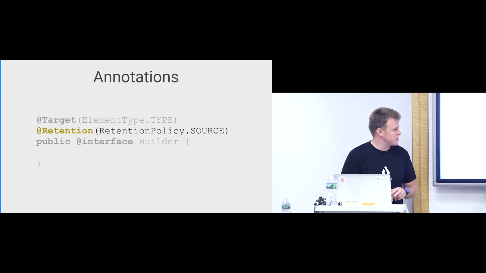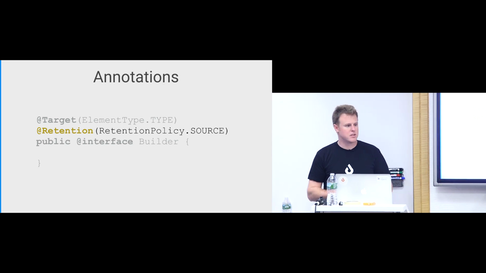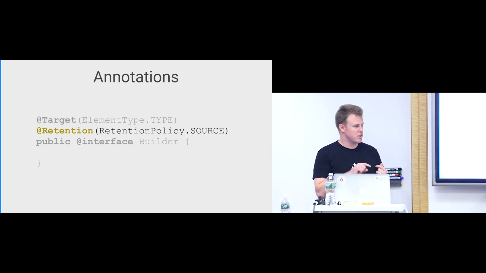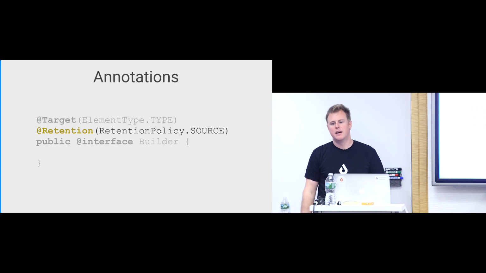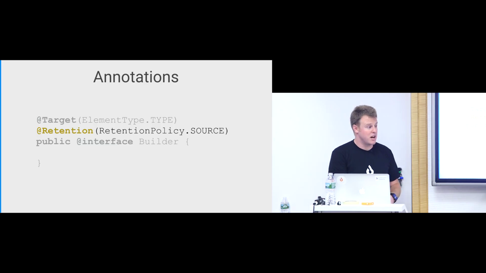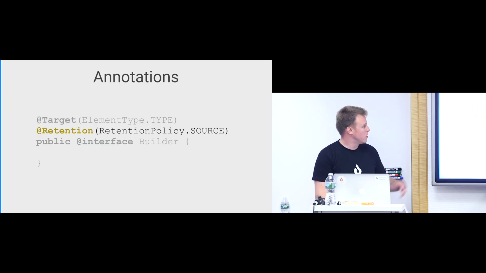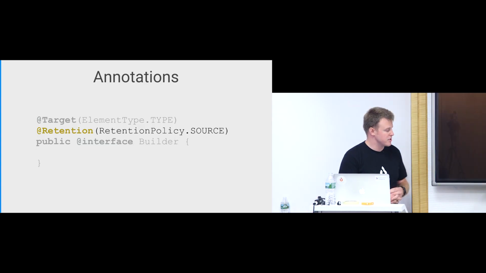With a retention policy of source, that means we need that annotation in our source code, in the Java file that we wrote. Once we get past that, we don't care about it. It's not going to be used at runtime. It's not going to be used in our class file. So you generally want to have the most limiting retention policy you can.